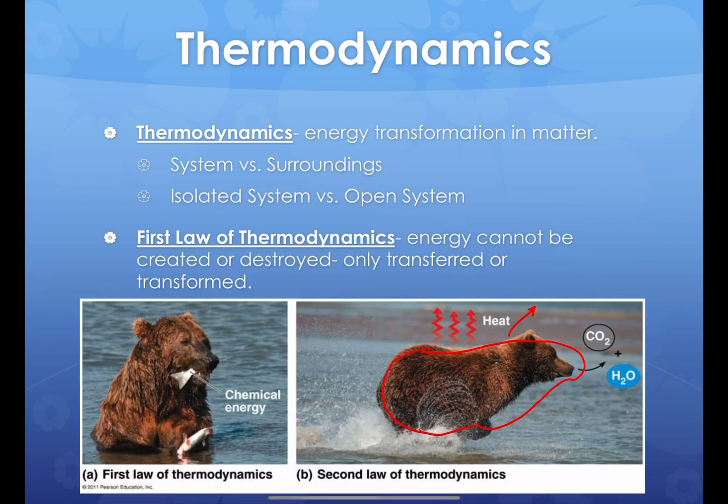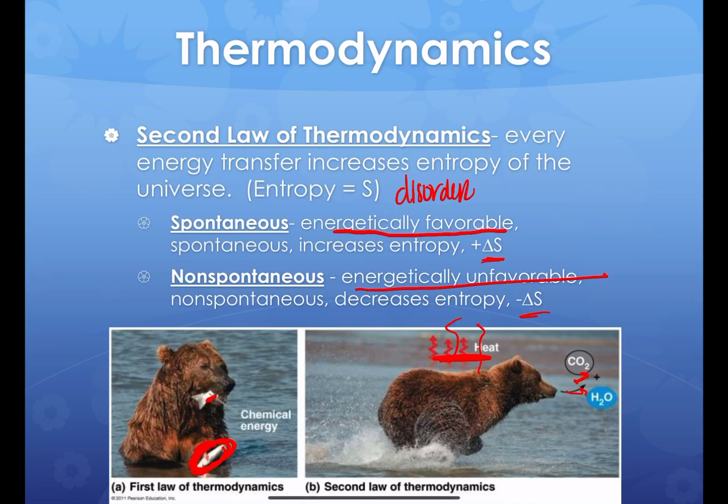The energy went to the surroundings from the system. The system was the fish, the system was the bear, and it was released to the surroundings. That was spontaneous. It was energetically favorable because it increased the entropy of the surroundings, or of the universe, as this definition says. The universe would be the same as the surroundings.